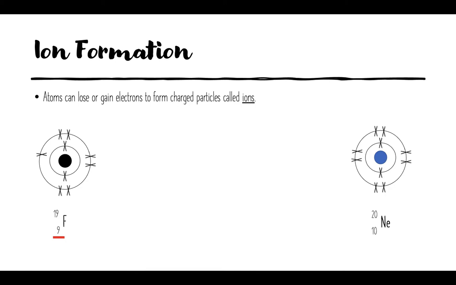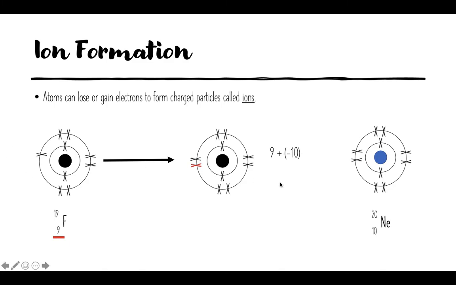In order to be like neon, it has to gain an extra electron. Now when it does that, it still has 9 protons in the nucleus, but in its energy levels it now has 10 negatively charged electrons.